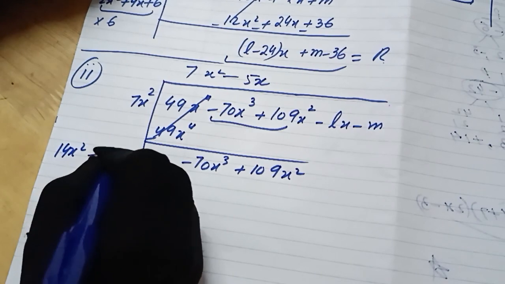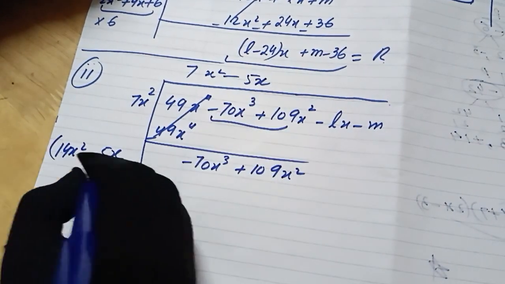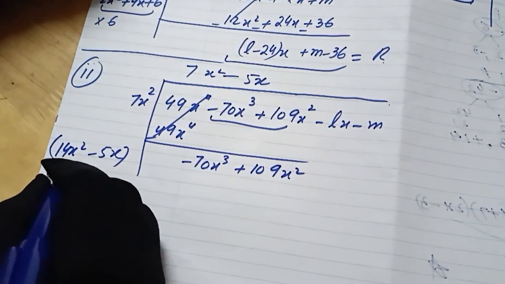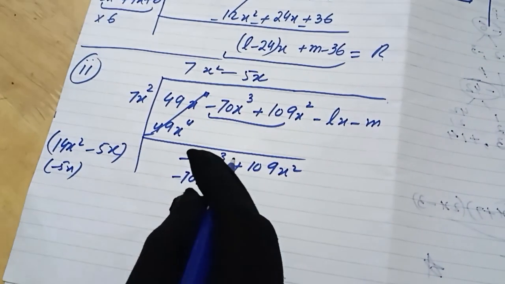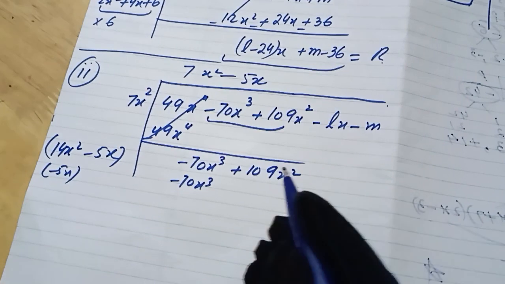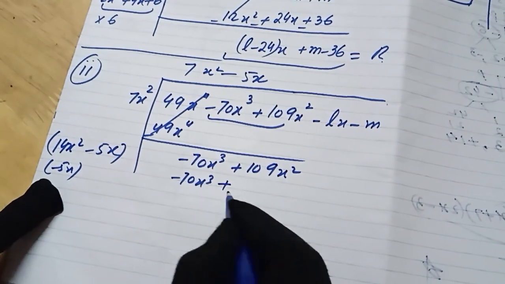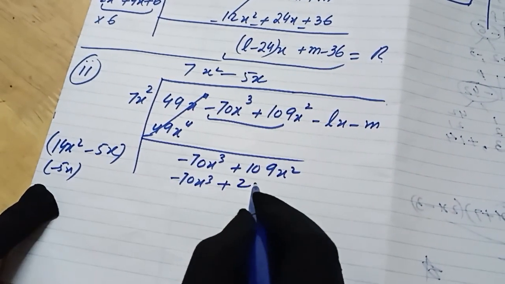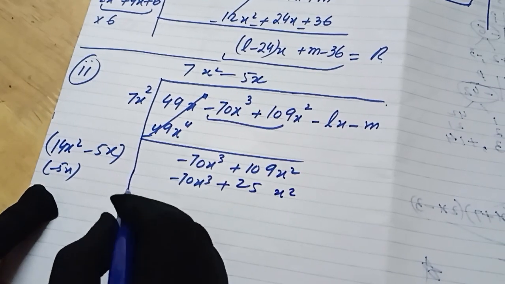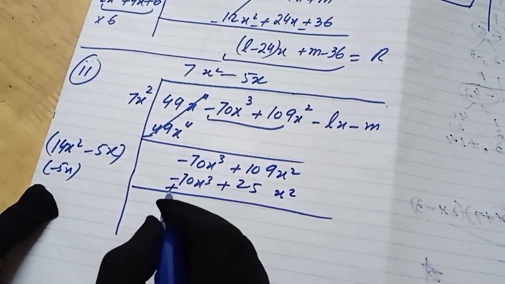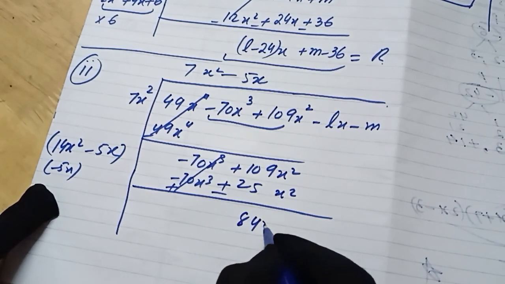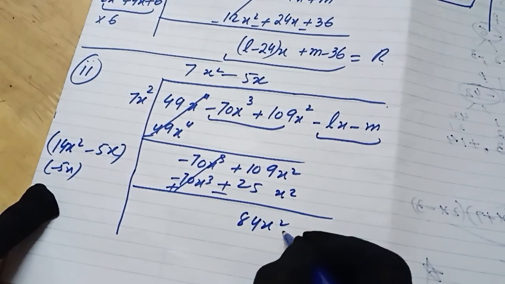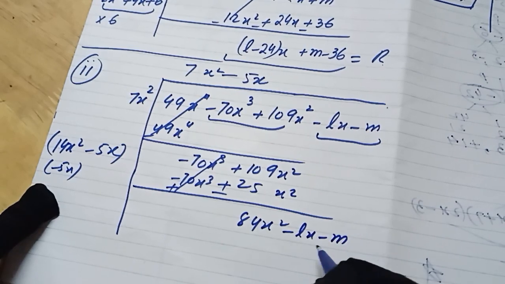Write down this term over here and multiply this complete with exactly minus 5x. So minus 70x cube, so minus plus 5 5s are 25x square. When we do subtraction, first term have to be cancelled. Subtraction, 9 minus 5 4, 10 minus 2 8 x square. Bring the next pair down, minus lx minus m.